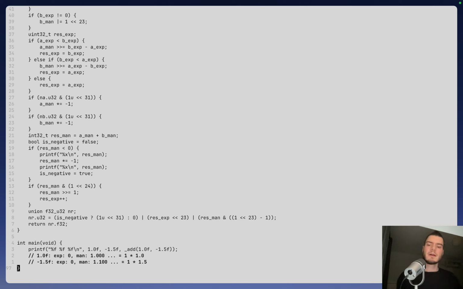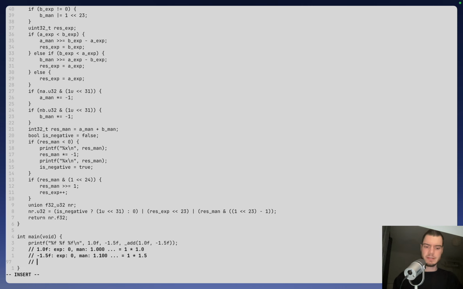And the sign bit for the last one is set to 1. But our resulting value has the following mantissa. It now has 0.1 and then a bunch of zeros. So basically the resulting exponent seems to be less than the exponent of the two inputs.